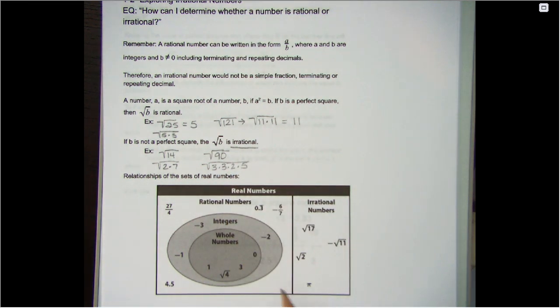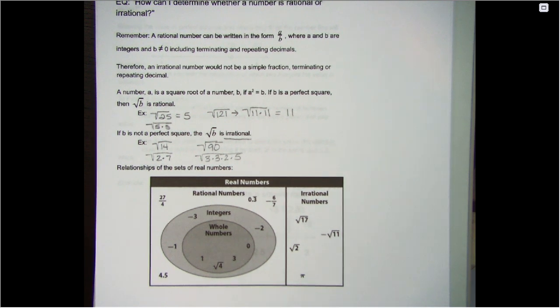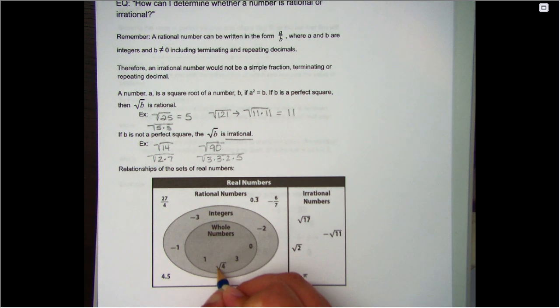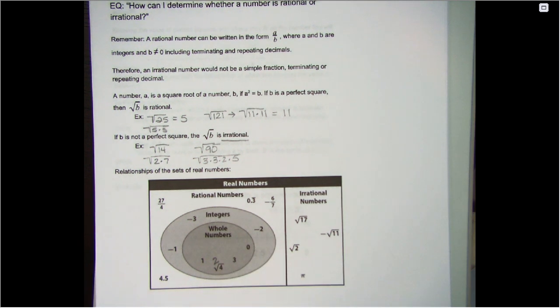So our focus today is going to be really kind of looking at the idea that's on this chart and saying all of these things are rational numbers, whole numbers. Okay, square root of 4, they're calling it a whole number because it equals 2.